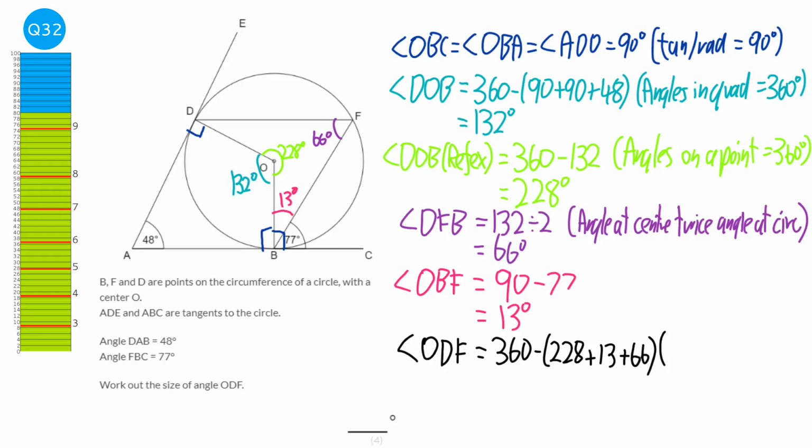And the reason being the same as before, so angles in a quadrilateral add up to 360 degrees. And when you do that, you get the answer of 53 degrees. So this angle here is going to be 53 degrees.